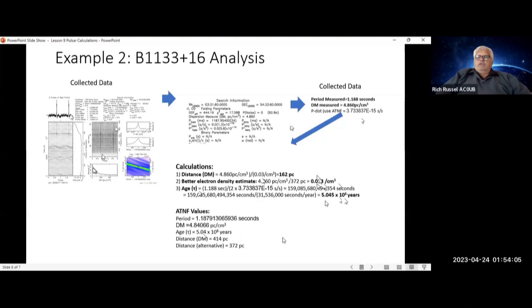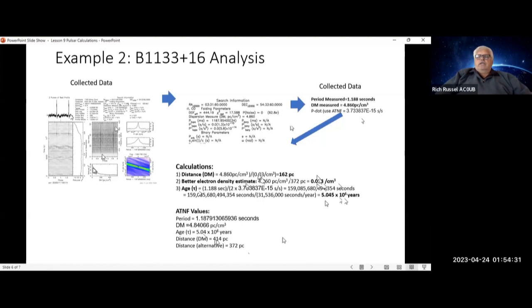So it appears that the collection nails the period and the dispersion measure. It's not extremely good using the average of 0.03 per centimeter cubed for all pulsars for the distance from the dispersion measure. So that's why you should compare it with the data in the ATNF database.